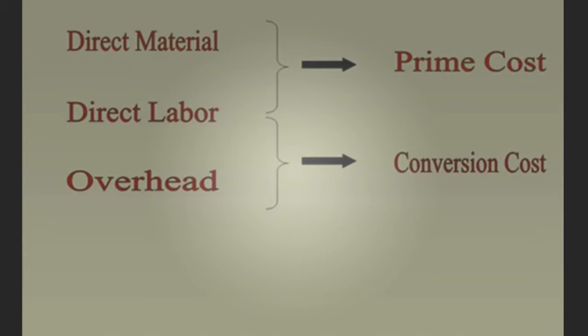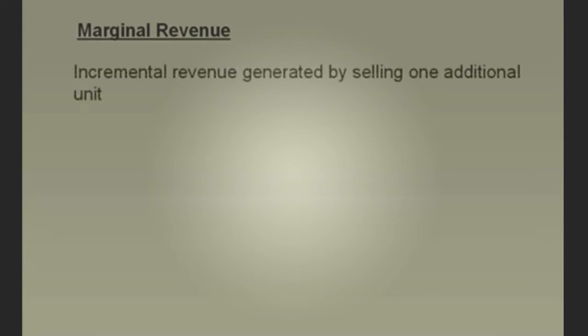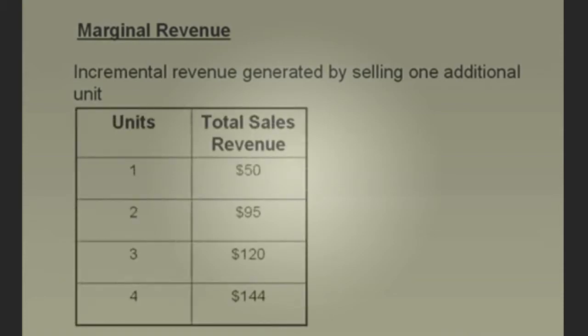Now, we have only two more cost concepts to do. They are marginal cost and marginal revenue. Marginal revenue. The definition is it's the incremental revenue, that's the additional revenue generated by selling one additional unit. So, for example, see below. In this case, tell me what's the marginal revenue as you sell each unit.